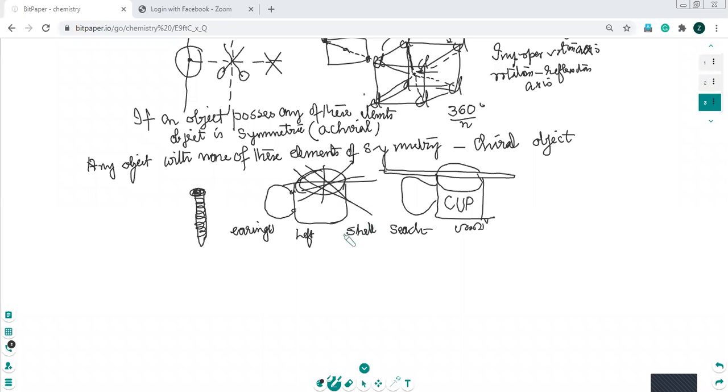So, chirality, the concept of chirality. I told you: plane of symmetry, axis of symmetry, and center of symmetry.